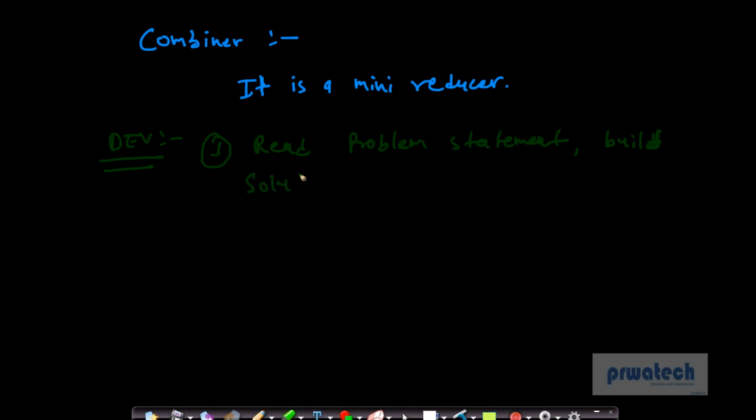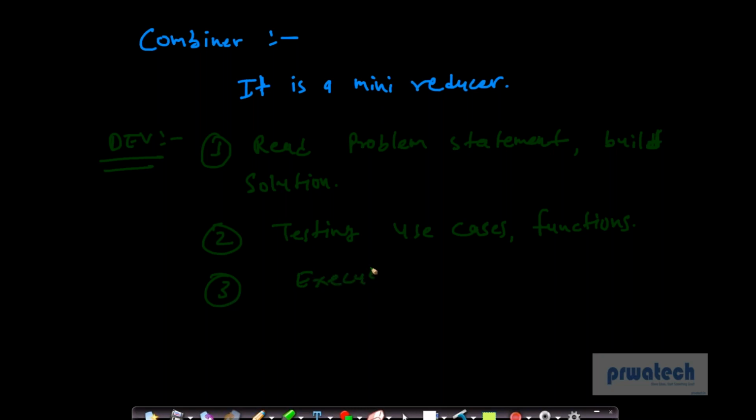Once the solution is built, I start testing all the use cases or functions. Once this is tested, then I'll see my total execution time. Then I'll try to tune the time based on my function.